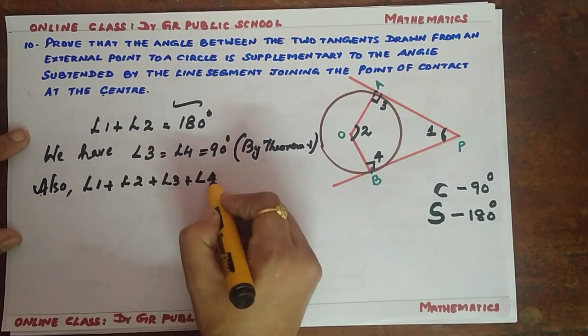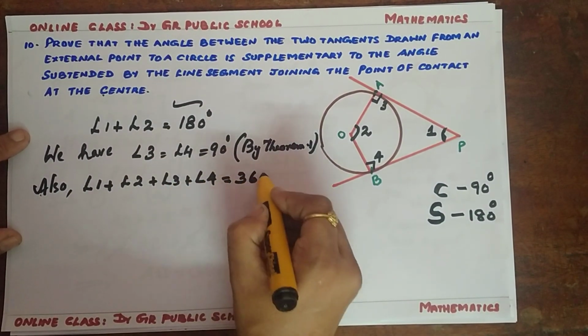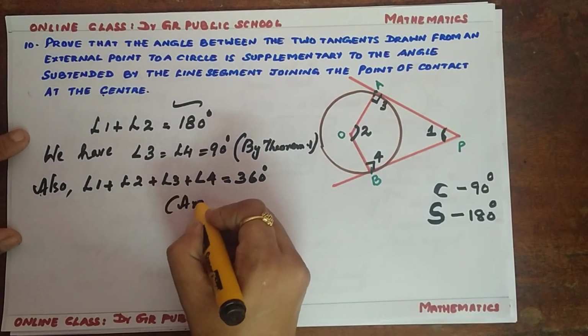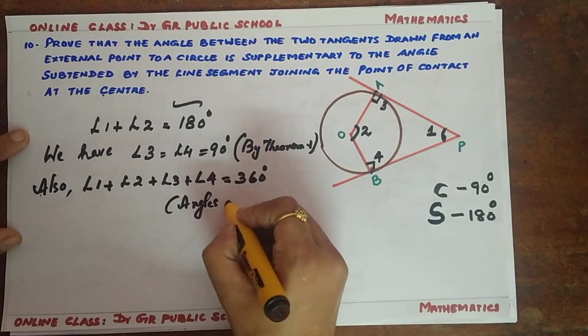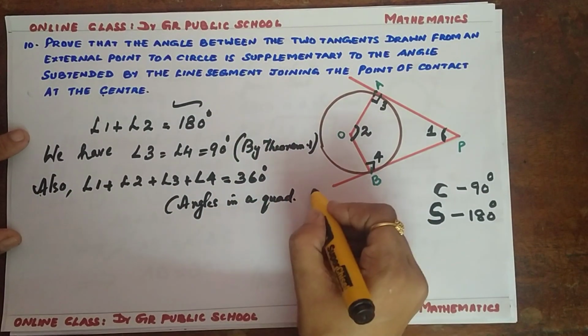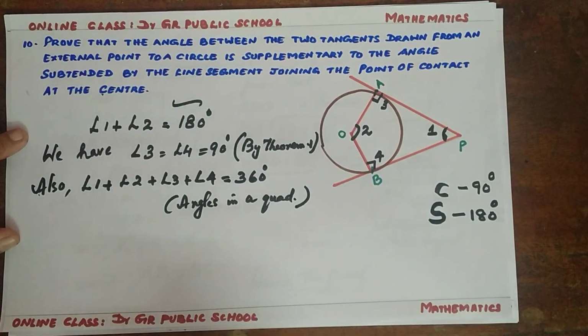When I add up all these four angles, I will get 360 degrees. Why? Because the angle sum of a quadrilateral must be 360 degrees.